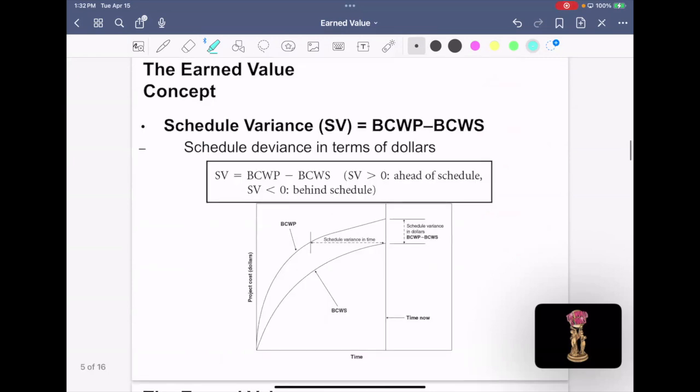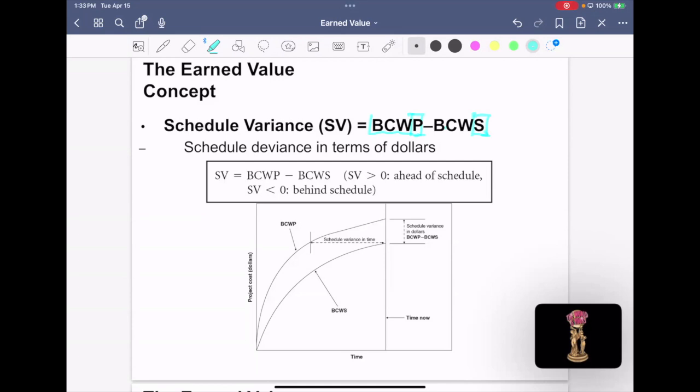So let's take a look at the concepts here for earned value. An additional concept is the schedule variance. The schedule variance is the difference between what you performed and what was scheduled, right? You see here, BCWP is budgeted cost of work performed, and BCWS is budgeted cost of work scheduled. So your performance minus your schedule is your schedule variance.